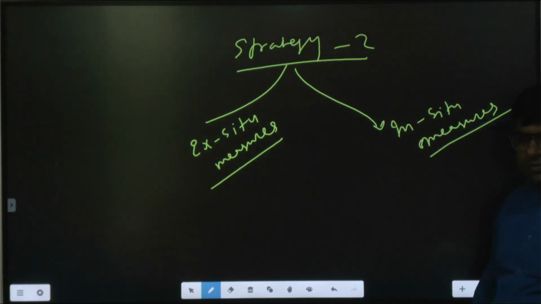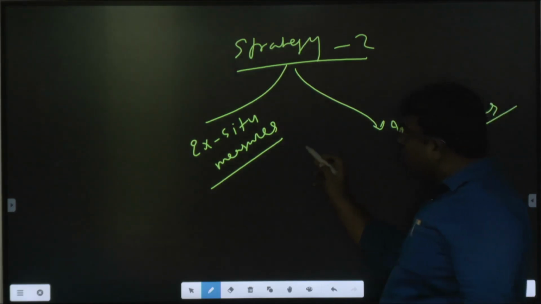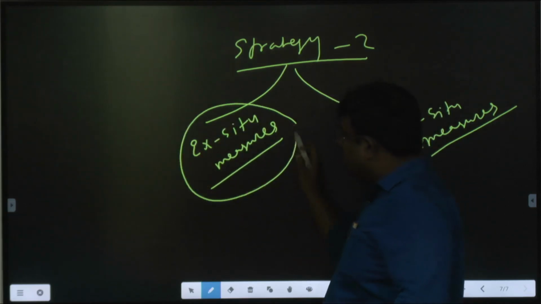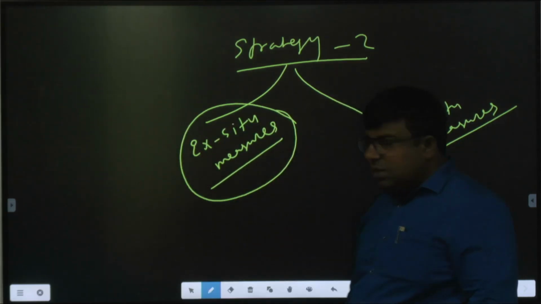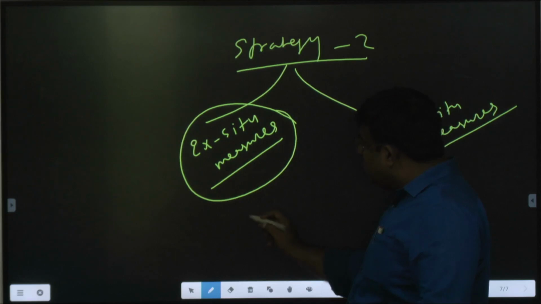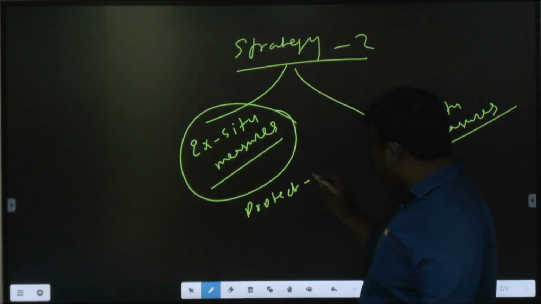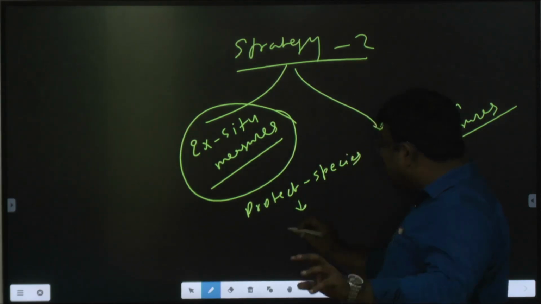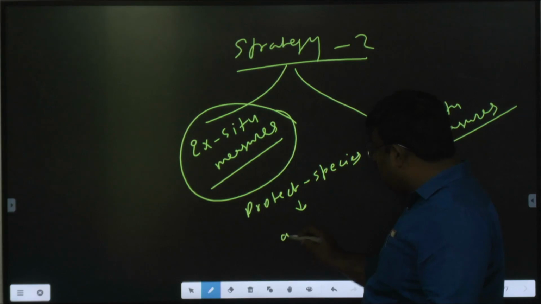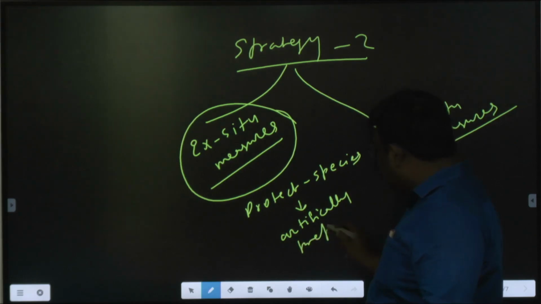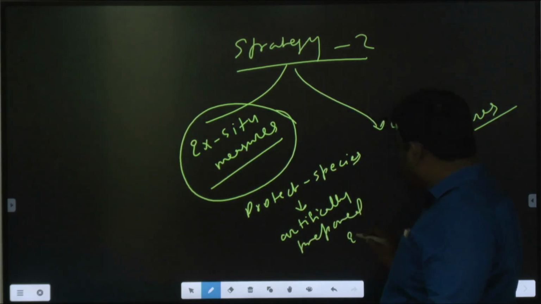You can see when we try to work for ex situ strategy, we actually try to protect a particular species by placing that species in an artificial, or you can say artificially prepared, environment.